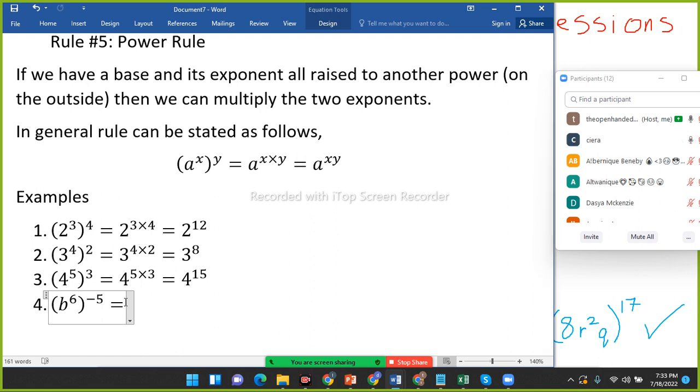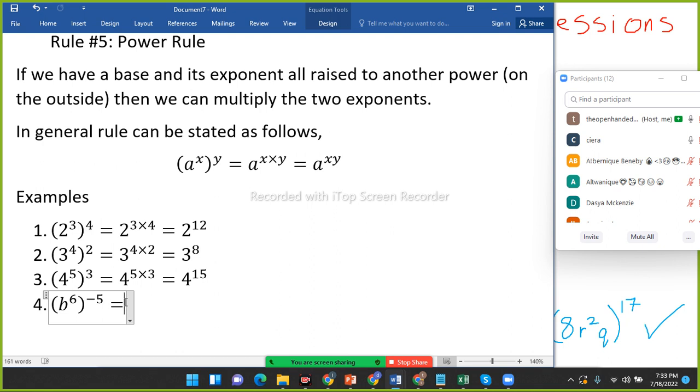Surya San: That would be b to the 30th power. You sure? That's it? B to the negative 30th power. Exactly.